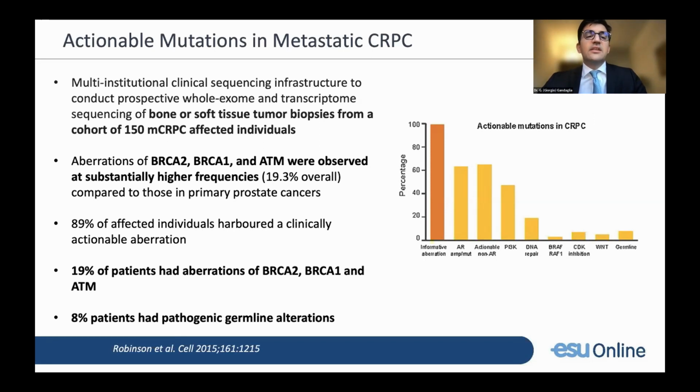This is a nice study on men with metastatic castration-resistant prostate cancer, and we can see that up to 20% of them had aberration of BRCA2, BRCA1, or ATM, and only 8% of them had pathogenic germline alterations.